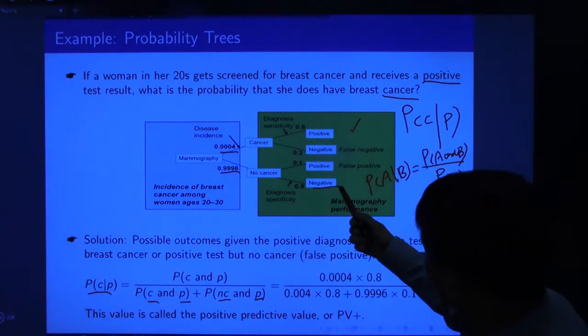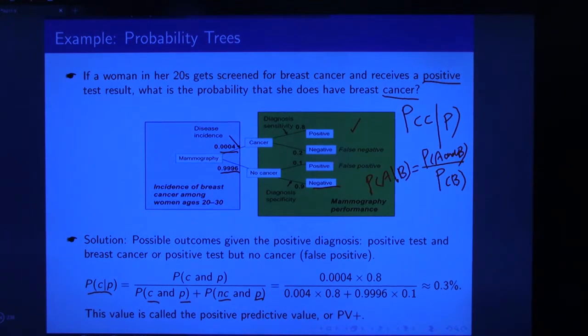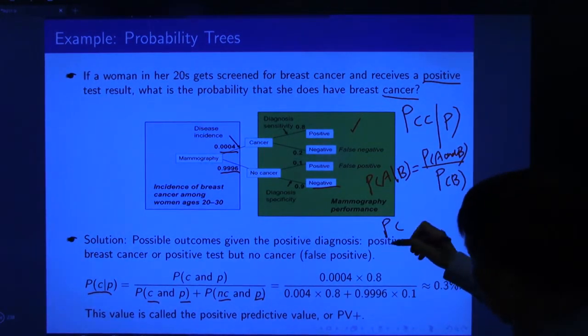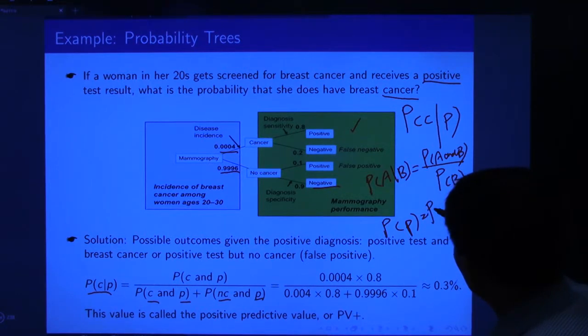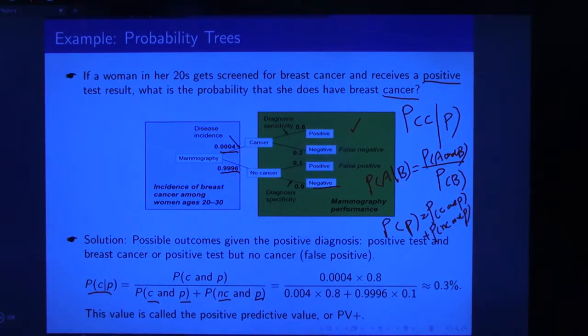If you have positive, either you have cancer or you have no cancer. So let's see, P(positive) will be equal to P(cancer and positive) plus P(no cancer and positive). So that equals these two. Right?